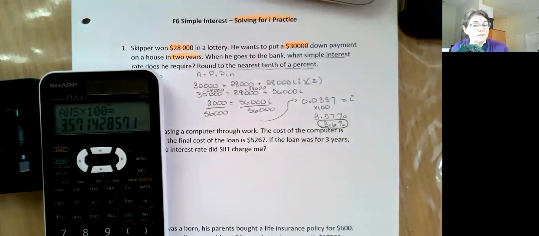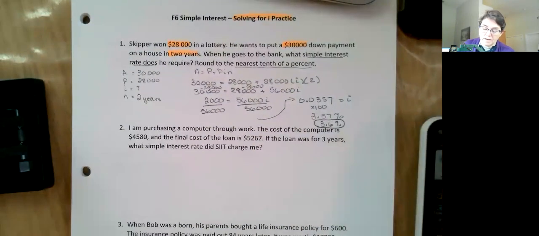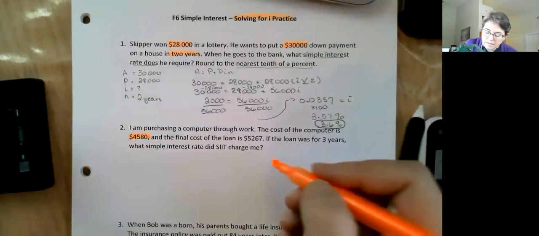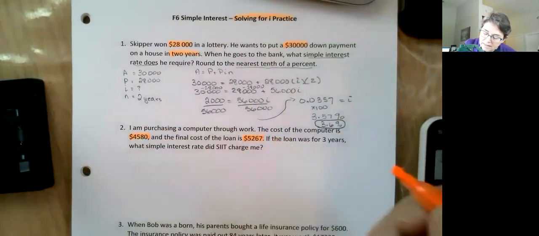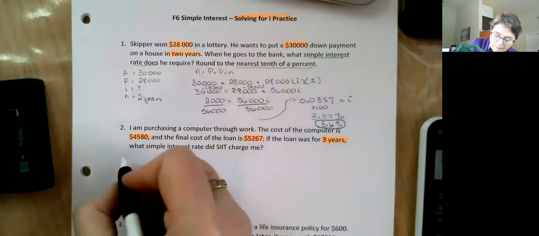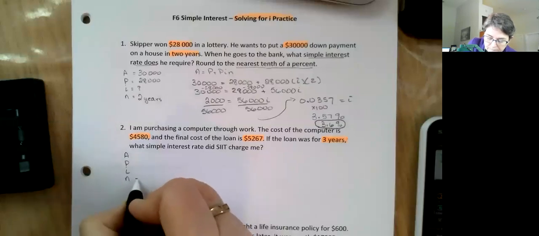It's always sweet if you're doing this hand in for your instructor to circle your final answer. Makes life easy. All right, I'm purchasing a computer through work. The cost of the computer is that. The final cost of loan is that. And it's 3 years. Okay. Let's see.